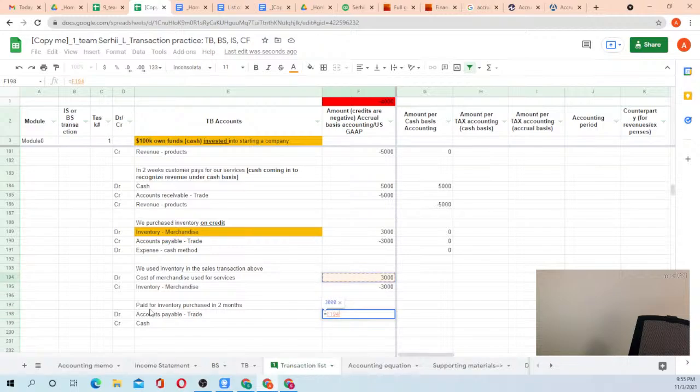So 3,000 went for accounts payable with a minus, with a plus, and that came out of the cash account. Only here we will recognize an expense.